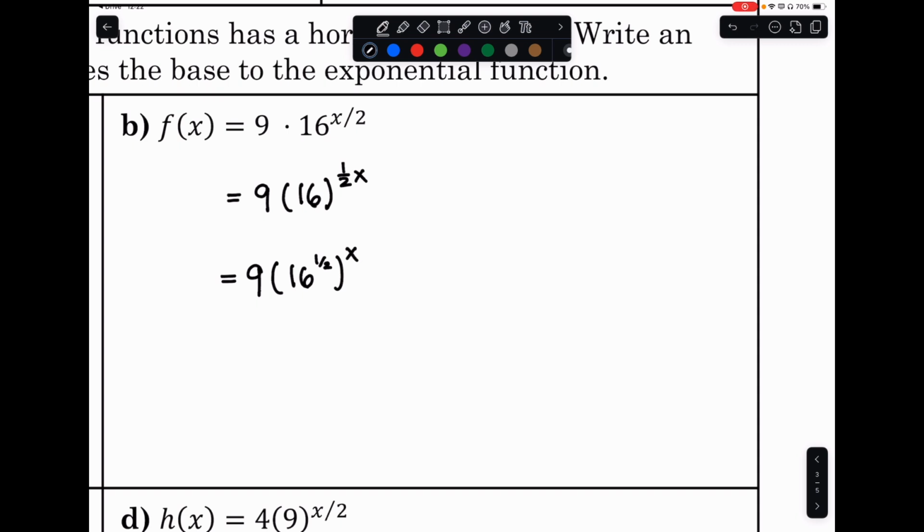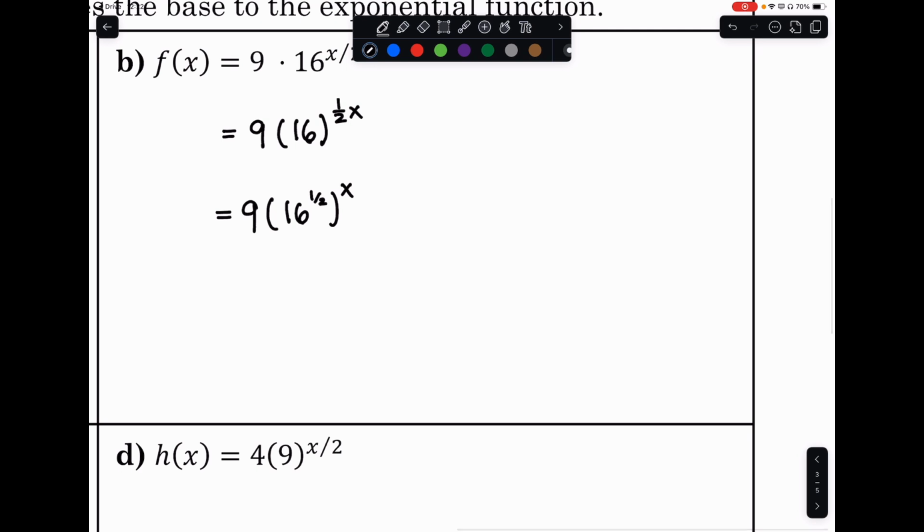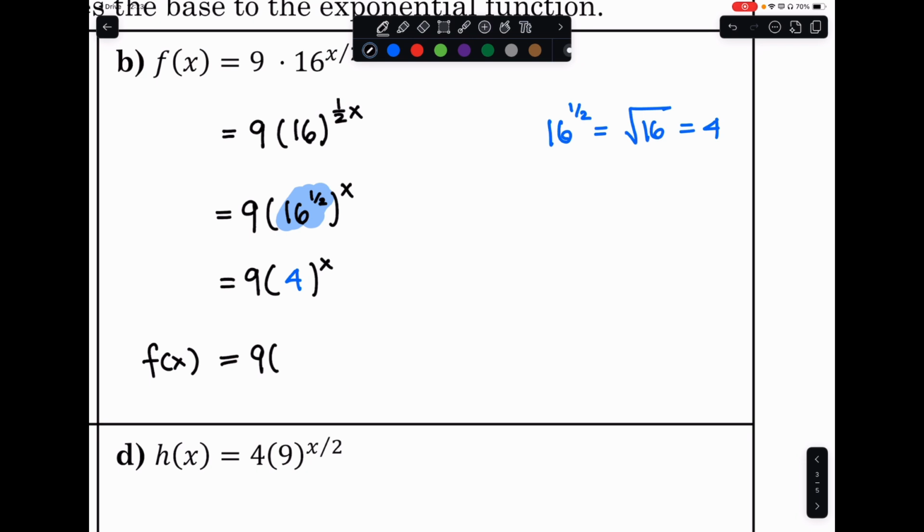Since taking the 1/2 power is the same thing as taking the square root, 16 to the 1/2 is the square root of 16, which is equal to 4. I can write this here as 4 raised to the power of x. So f of x is equivalent to 9 times 4 to the x power.